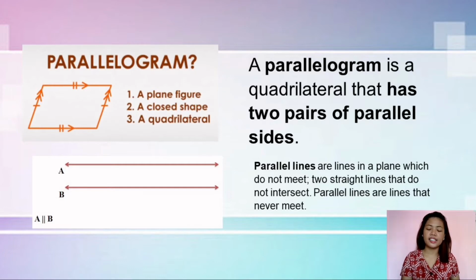Parallel lines are lines that never meet. So if we were going to extend line A and line B to both directions or to any directions, etong mga line na to ay hindi magtatagpo kailanman. O parang yung ibang tao lang, may mga taong kailanman ay hindi magtatagpo.